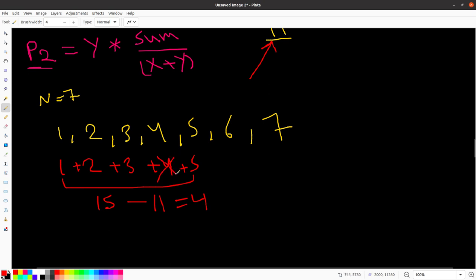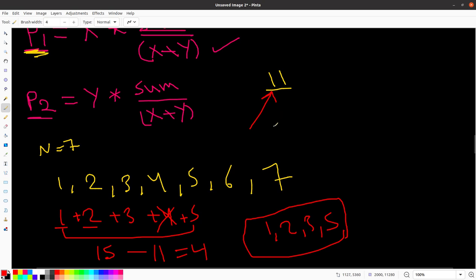So we will remove the number 4, and we will print the numbers 1, 2, 3, and 5, and the summation of these numbers equals 11.